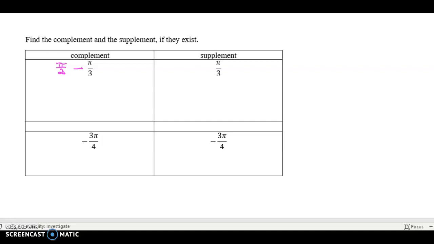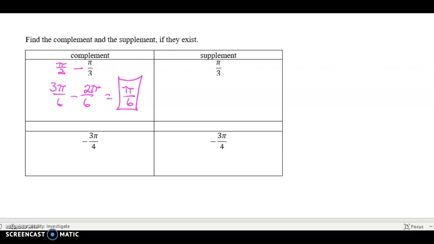Of course, we're going to have a common denominator for this one, which will be 6. So pi over 2 would be 3 pi over 6, minus 2 pi over 6. And 3 pi over 6 minus 2 pi over 6 is pi over 6. And that is the complement.